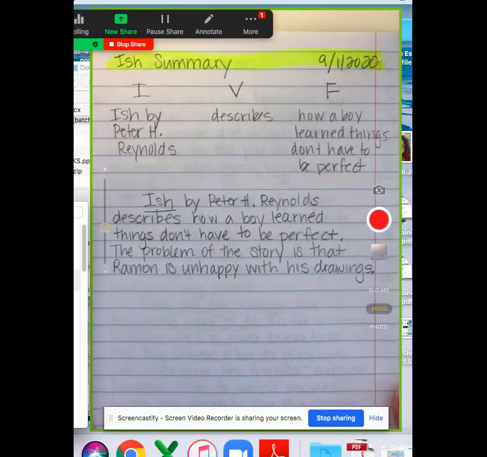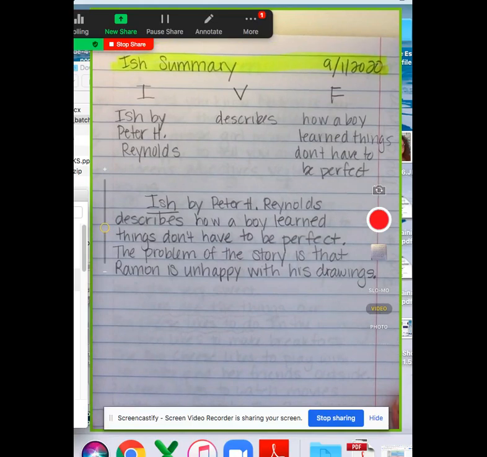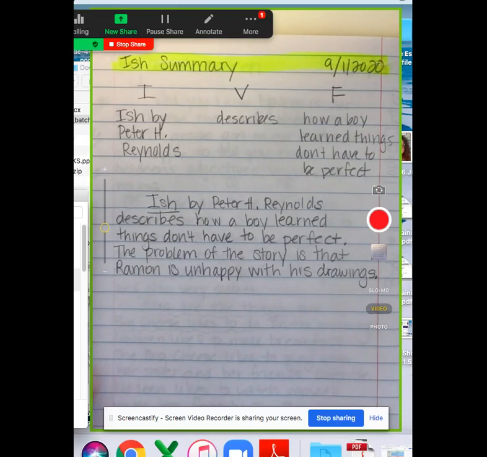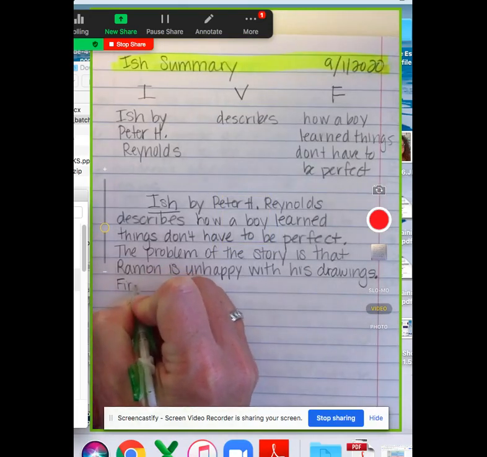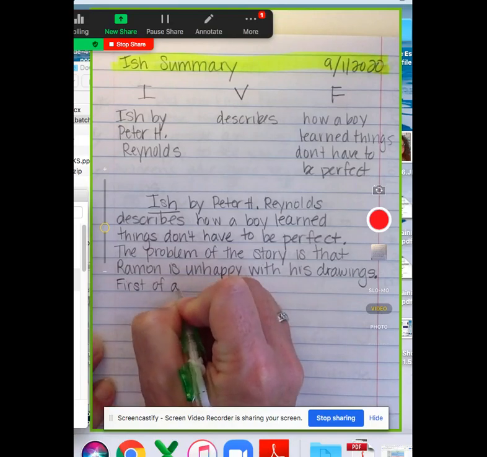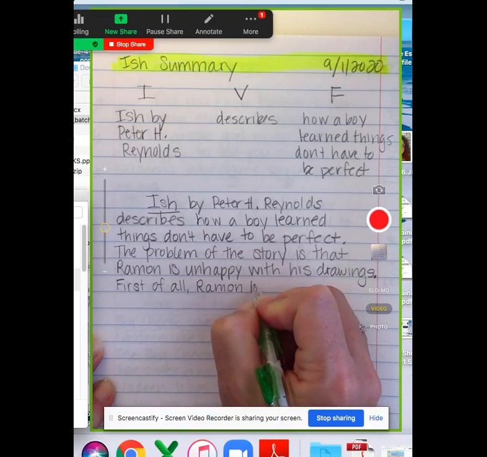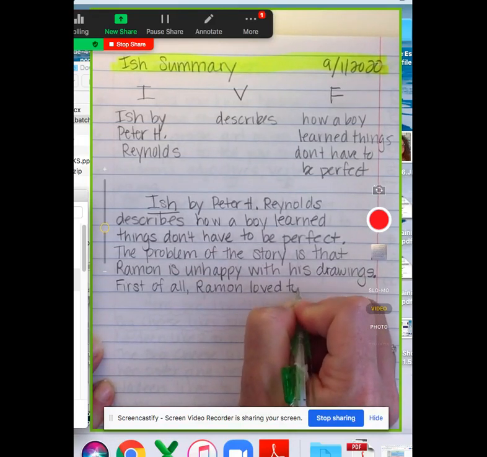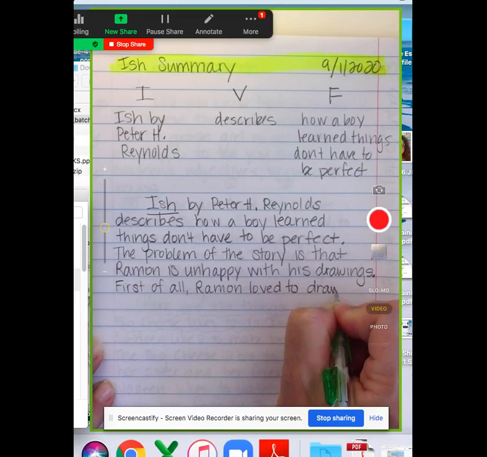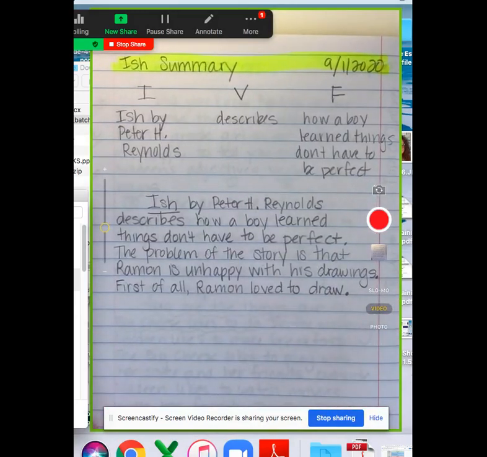Abby, do you have an idea for our next sentence? First of all, Ramon loved to draw. Let's do it. Thank you, Abby. Carolina, do you have an idea?